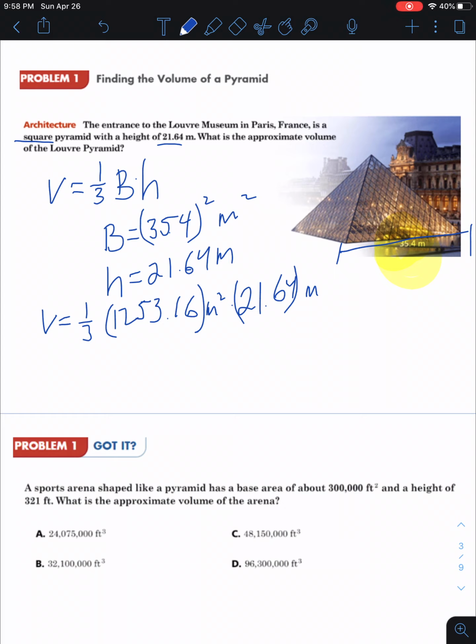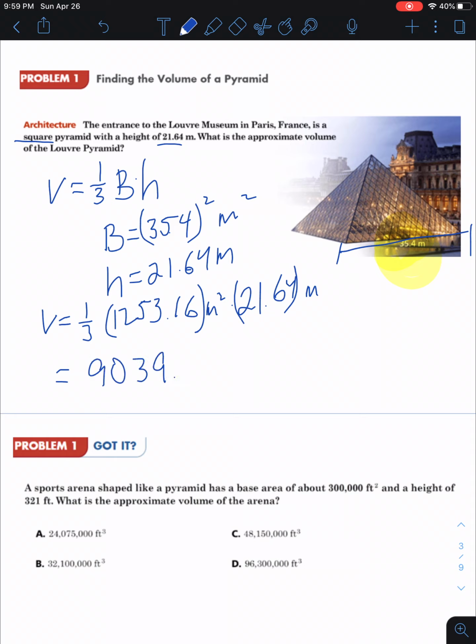And when we multiply those together, the 1/3 times the 1253.16 times 21.64 is going to be 9,039.